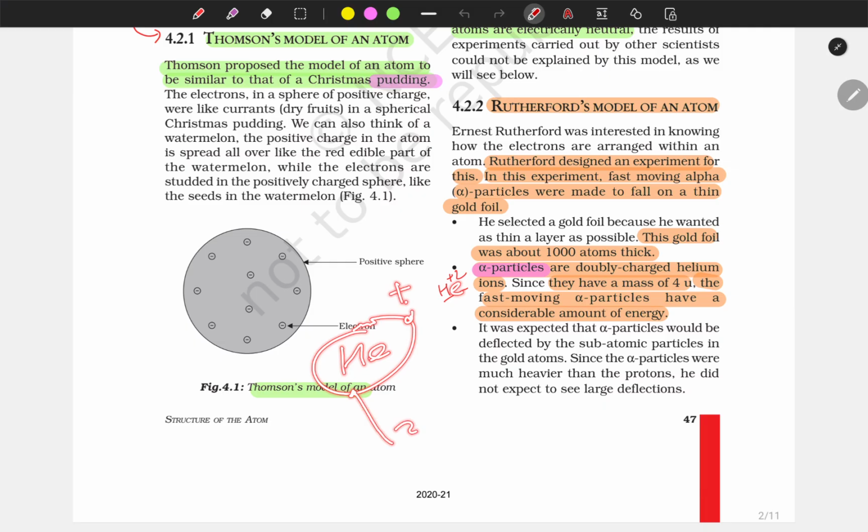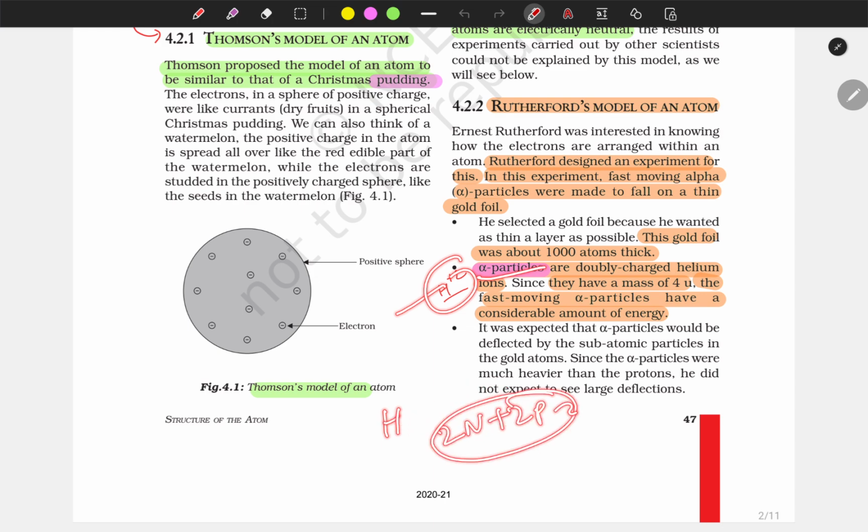If the 2 electrons are gone, the atom becomes positive, because it was neutral at first. So 2 electrons went out of the atom, and only the protons remain. So the alpha particle has 2 neutrons and 2 protons, and no electrons.